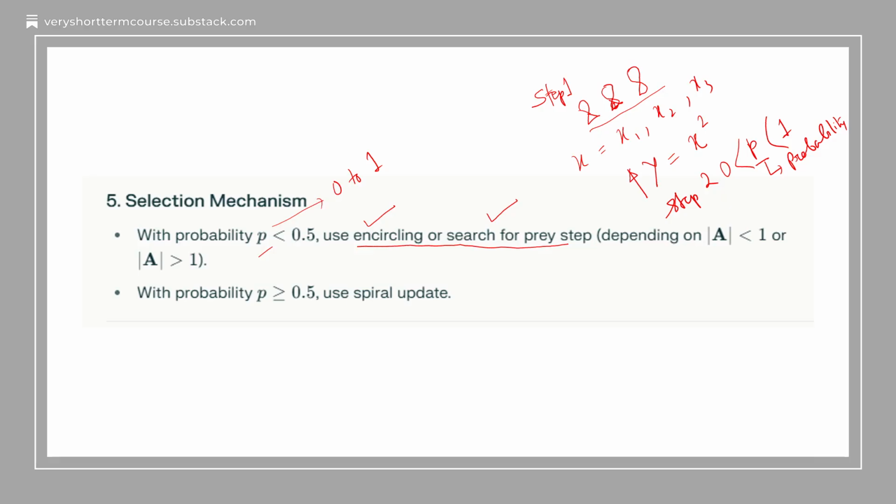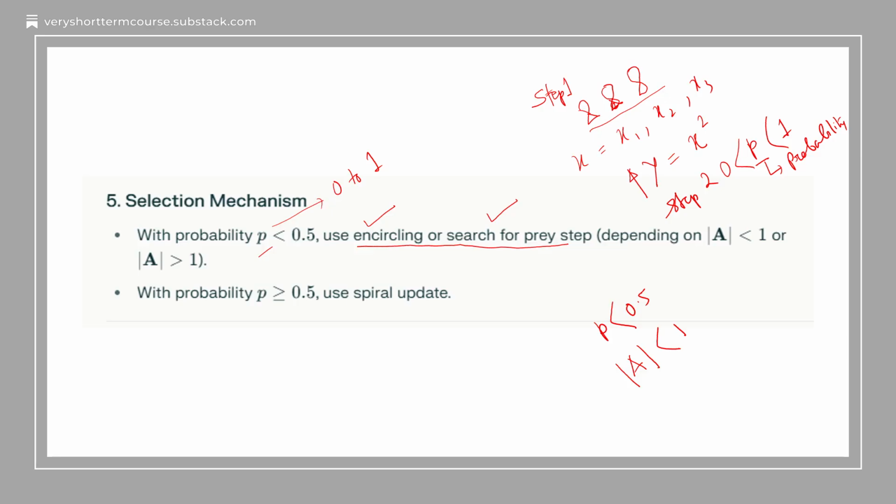This is P, randomly generated P. Any value within 0 to 1, not equal to 0 or 1, that is P. Now if this value of P is less than 0.5, then you again question if the value of A is less than 1 or greater than 1.